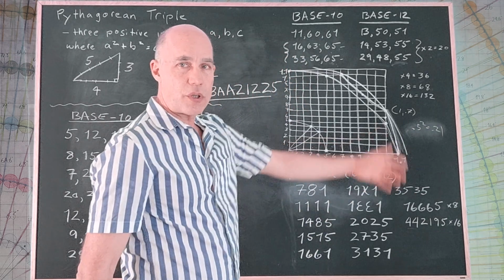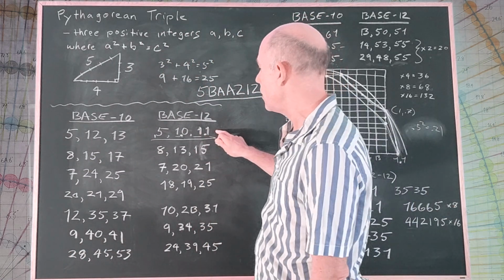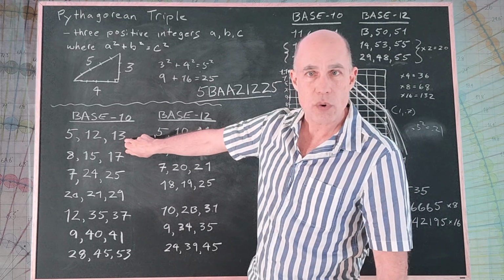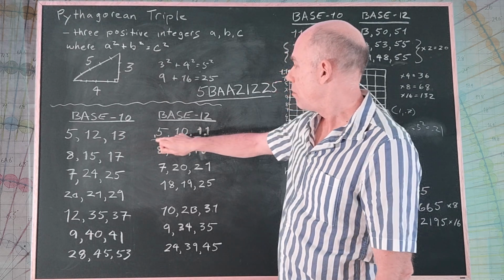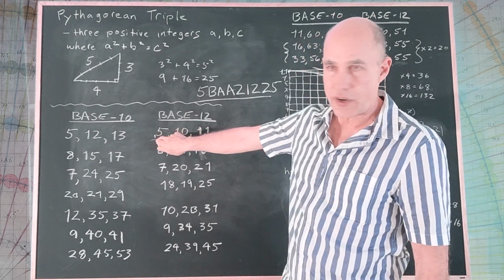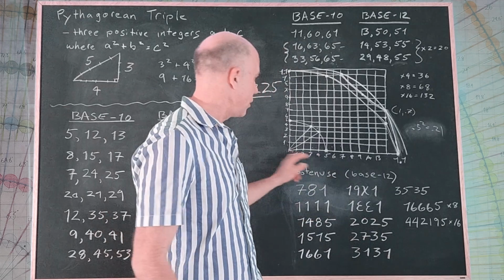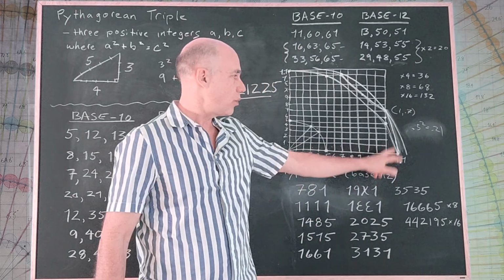So you get the 1.21. So that Pythagorean triplet is actually this one here. It's the 5, 12, 13, but it's when you convert it to base 12 and then add a decimal place in there, 0.5, 1, and then 1.1. So there's the 1, 1.11, and 0.5.